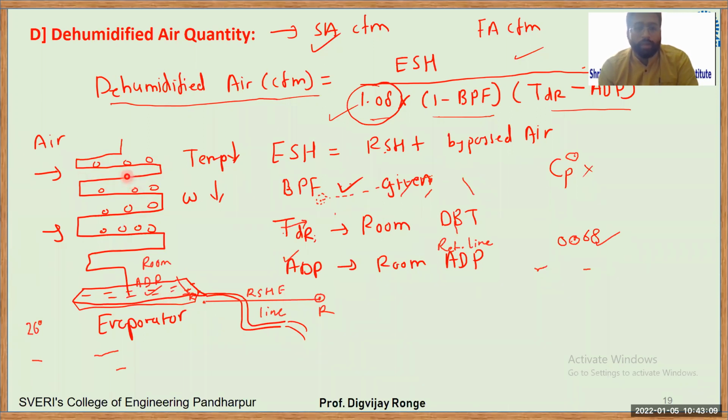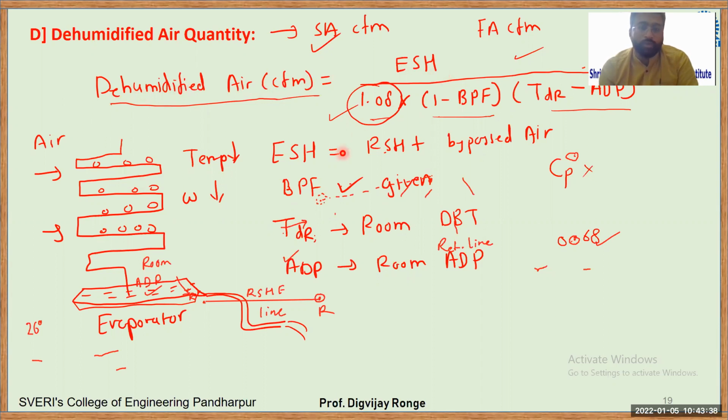Now what is happening here? The air gets dehumidified. Not only does it get cooled, it gets dehumidified. So that is the name given, dehumidified air quantity. It is measured in CFM. Its formula uses ESH, which is effective sensible heat. Effective sensible heat is room sensible heat, that is RSH, plus the sensible heat load acting by bypassed air.